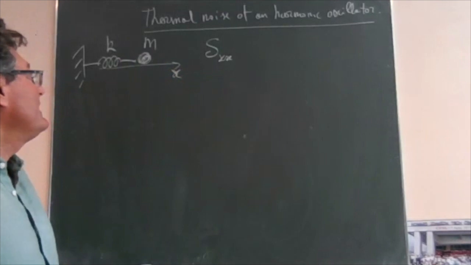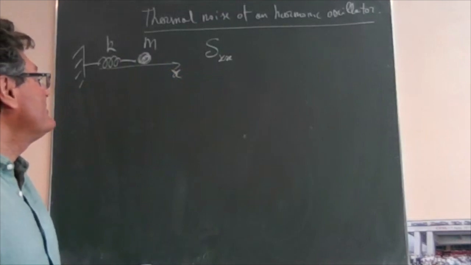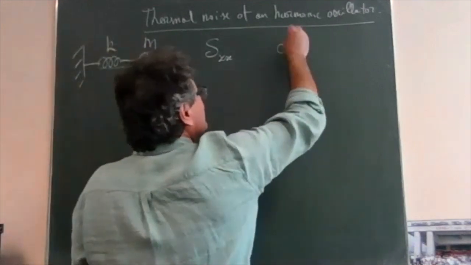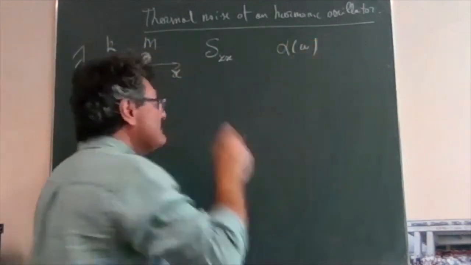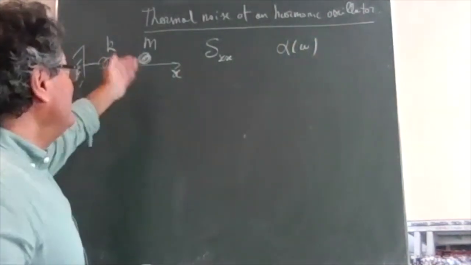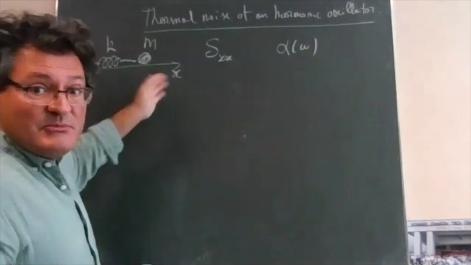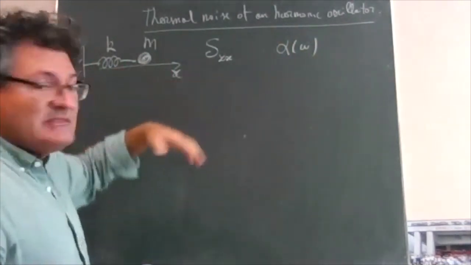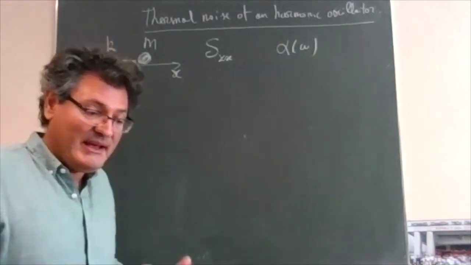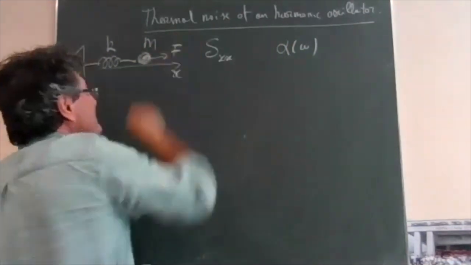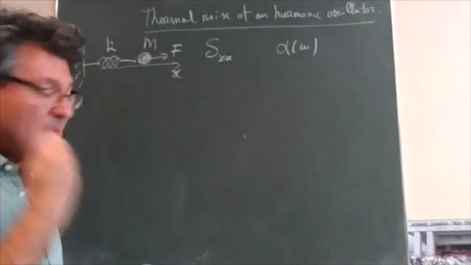Okay. So how to do it? Well, we need to go through alpha, the response. So therefore, we have to force the system with something that excites the system, and the product of x times this quantity that excites the system is an energy. So in this case, it's just simply a force F.